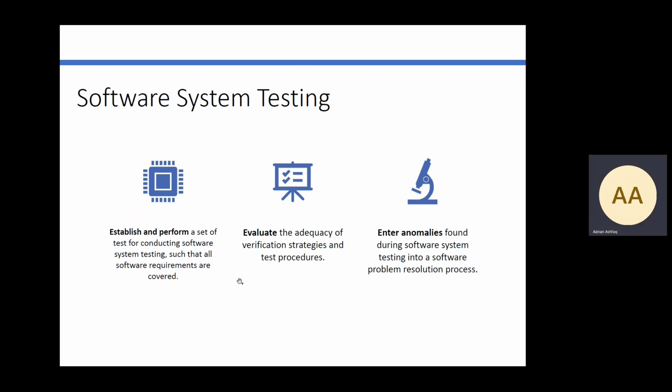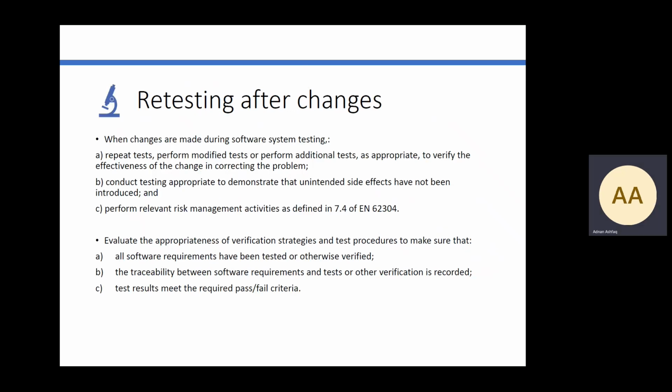So again, for software system testing, establish and perform a set of tests such that all software requirements are covered. Evaluate the adequacy of verification strategies and test procedures, and enter anomalies that have been found during the software system testing into the software problem resolution process. Retesting after changes.